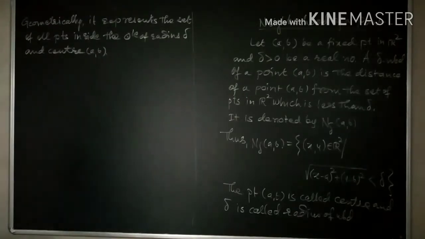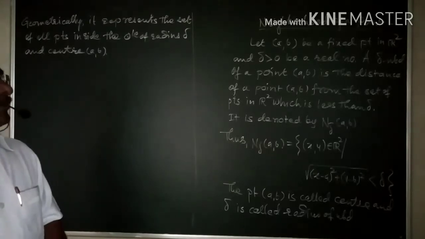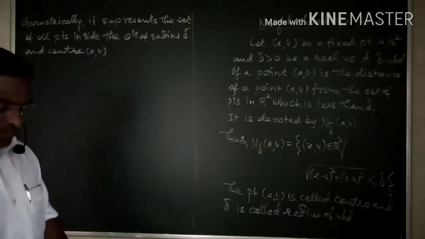This is the definition of circular neighborhood of a point in R2.